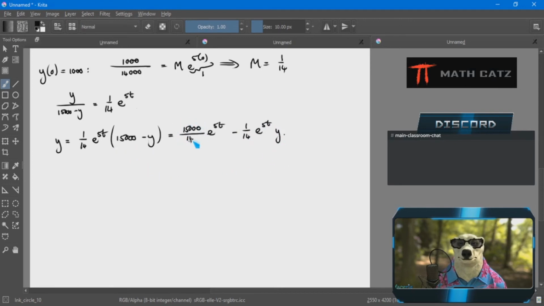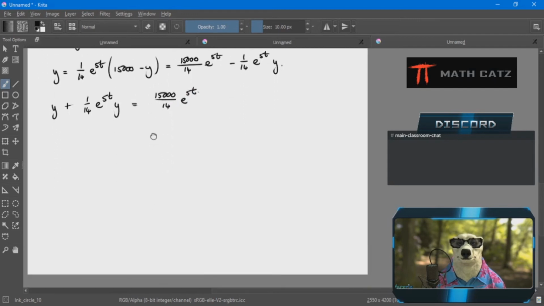And leaving it like this and not simplifying these numbers makes it easier if you ever were to derive this in general. So then I have to take the y term to the other side. There we go. e to the 5t y equal to my 15,000. It's a little tedious, but in the beginning, it's good to understand how you get to that general formula.